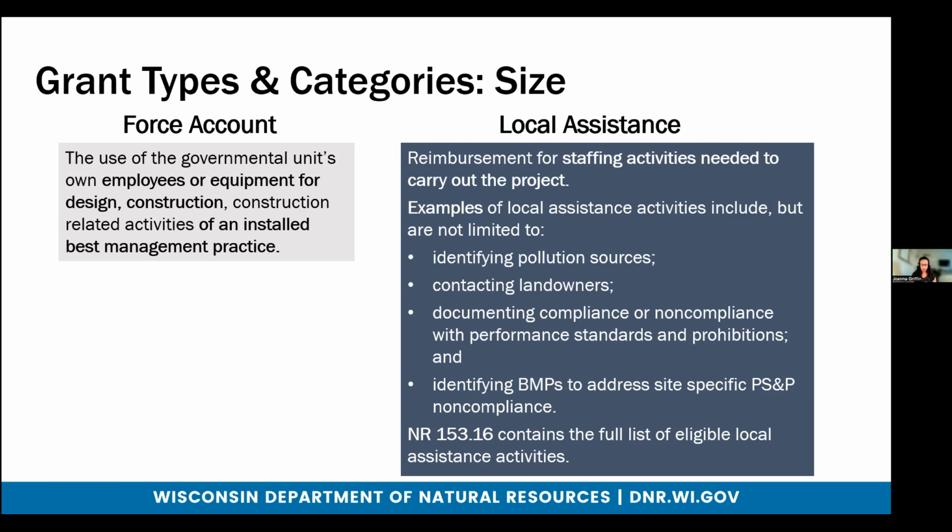Some examples of the local assistance activities are listed here. For the full list, please refer to NR 153.16. Identifying pollution sources, contacting landowners, documenting compliance, identifying BMPs, those are all examples of local assistance activities that are eligible.